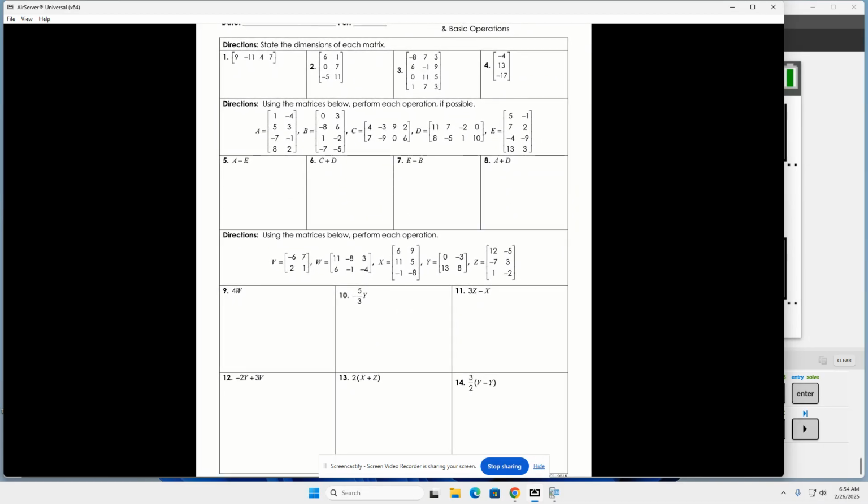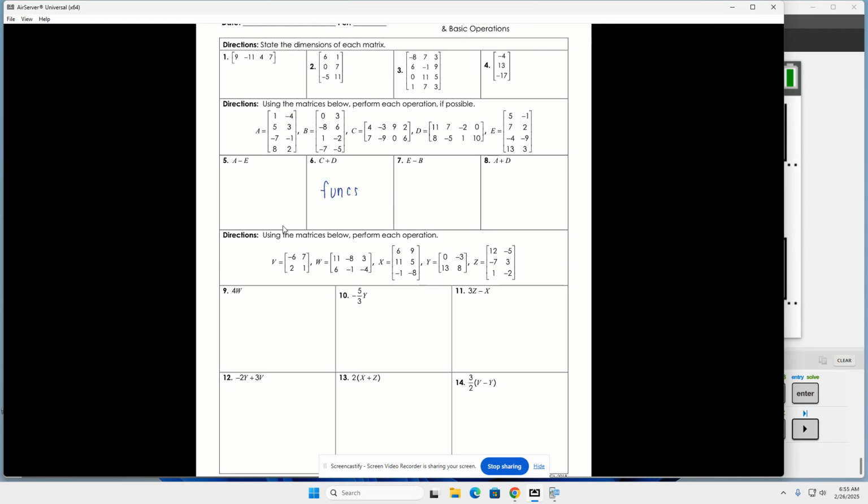I know a lot of this is calculator work when you get down to these problems. Desmos is okay with matrices. You can play around with it. It does all the stuff. It might be a little harder for you to find. You've got to go into your functions, that FUNCS.